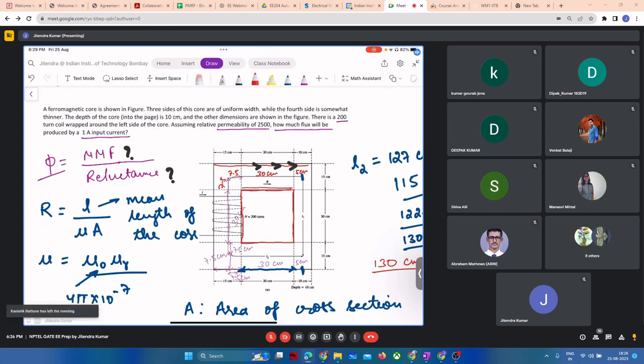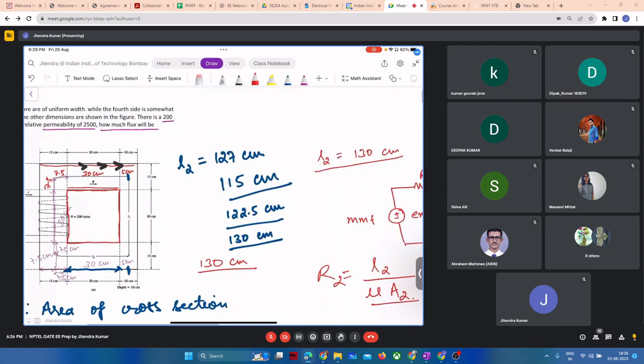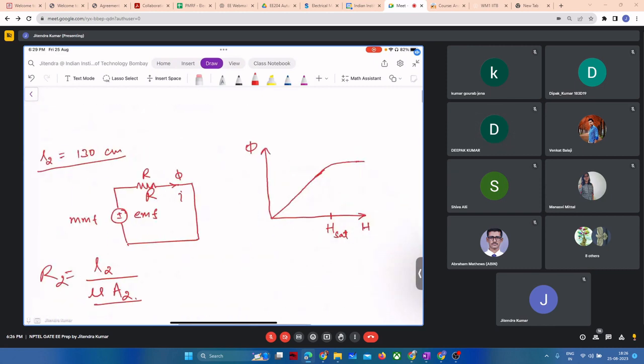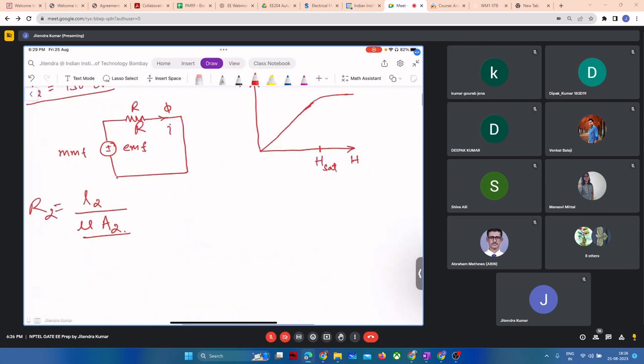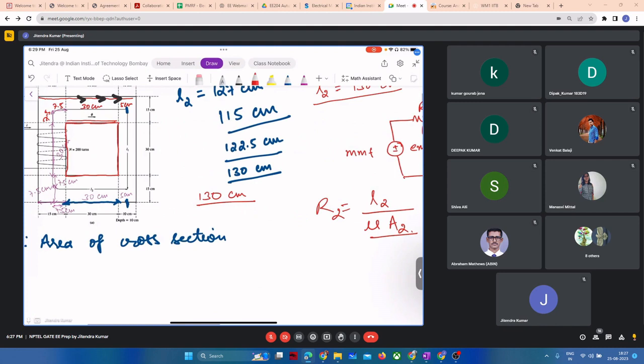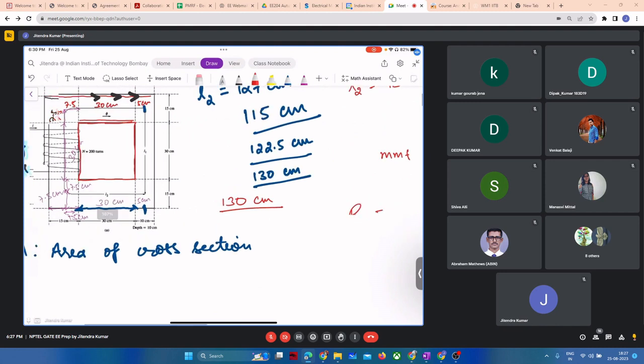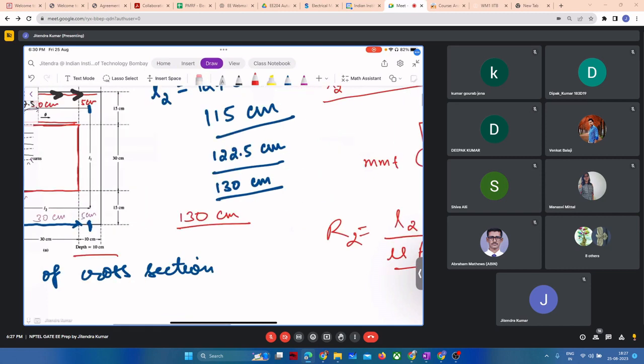For the L2 section, we have a uniform width of 15 centimeter, and we have a depth of 10 centimeter, which is written here in the problem if you couldn't figure it out.